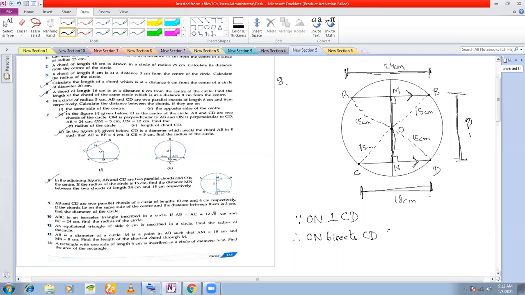And the reason is a straight line through the center perpendicular to a chord bisects it.